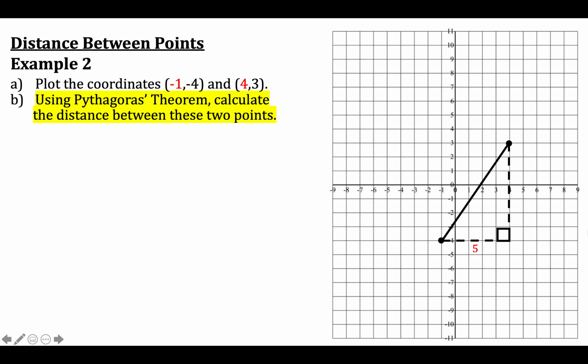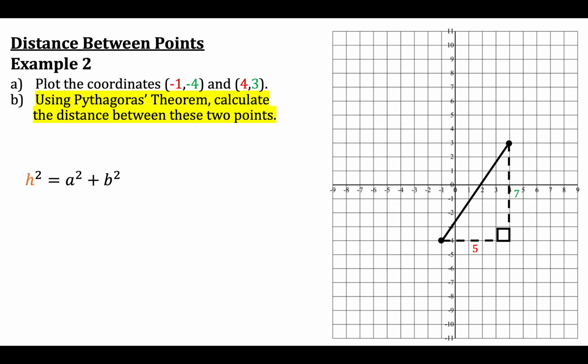If we look at our vertical line, we've got length 7. But again, if we also look at our y coordinates, we can see we've got -4 and 3, and the difference between those is 7 as well.